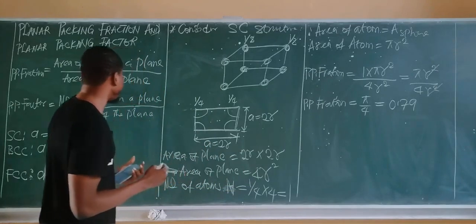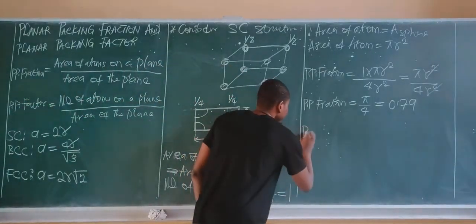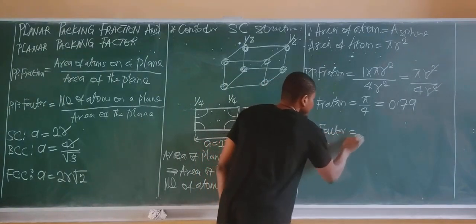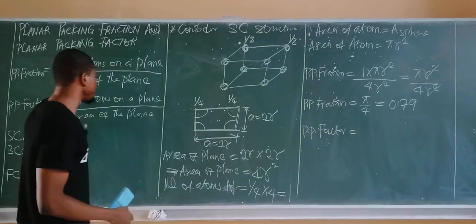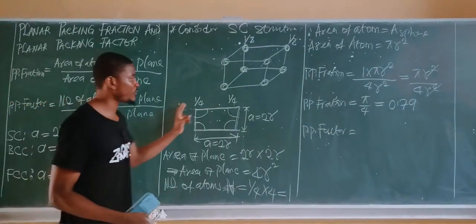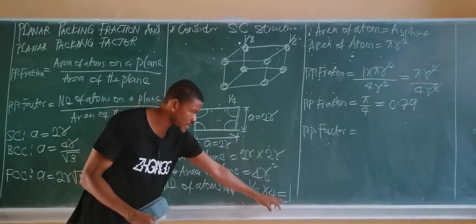Whereas if we want to find the planar packing factor, the planar packing factor is simply the number of atoms on the plane divided by the area of the plane. And we've said that for this simple cubic plane, the number of atoms is simply 1 atom.